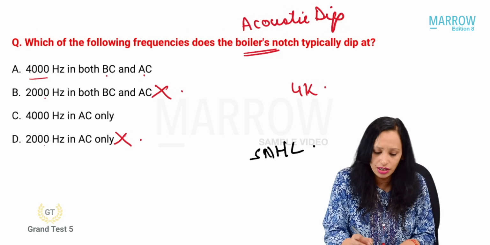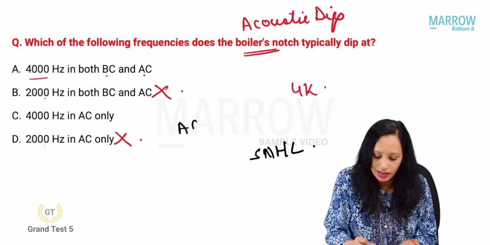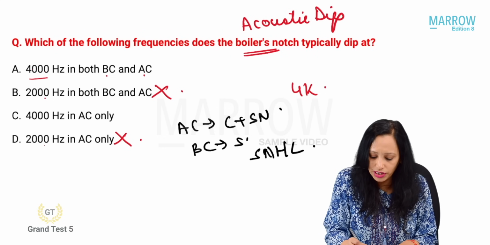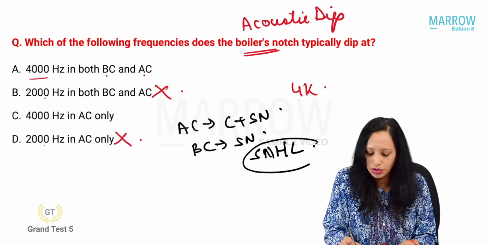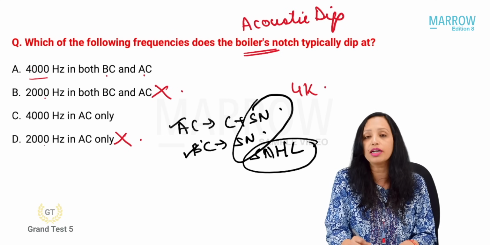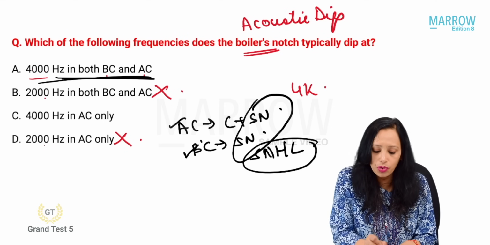Only air conduction or both air conduction and bone conduction? Air conduction is a measure of conductive plus sensorineural pathway. Bone conduction is a measure of only sensorineural pathway. So if the sensorineural pathway is defective, what will be affected? Both air conduction and bone conduction.